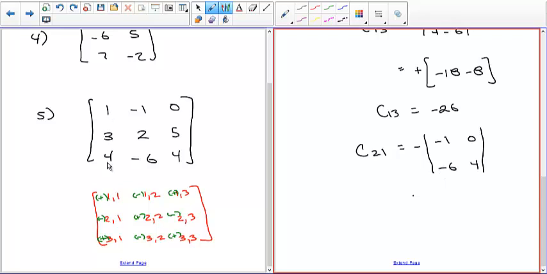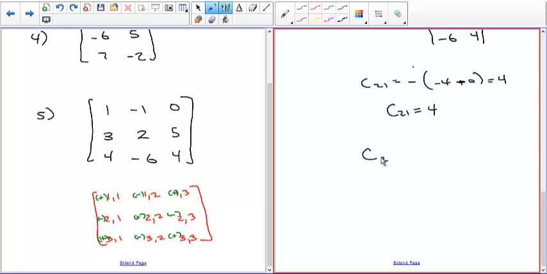So you take this column, this row, you're left with these two and these two. So you've got -4 plus 0 or minus 0, because you've got -6 times 0. So that's -4 times negative, so that's +4. So C21 is +4.